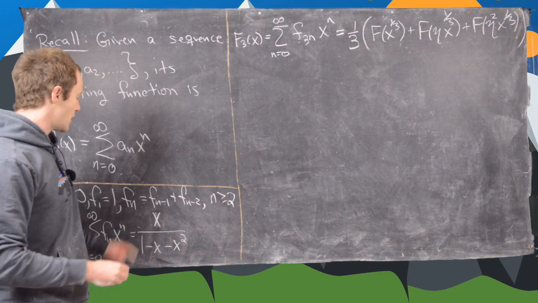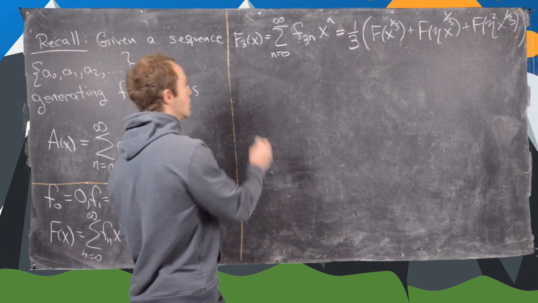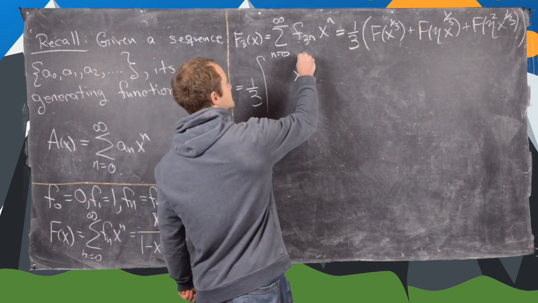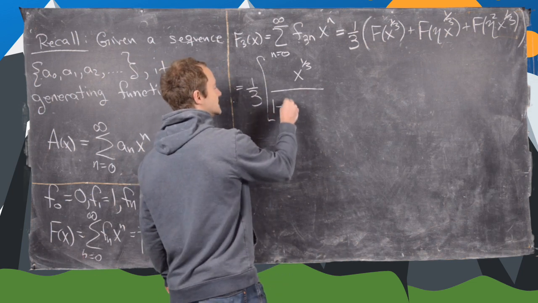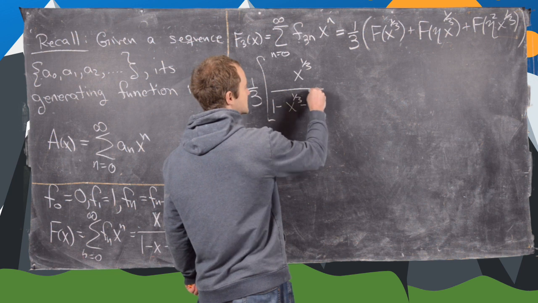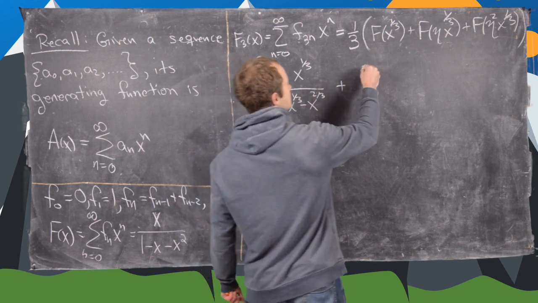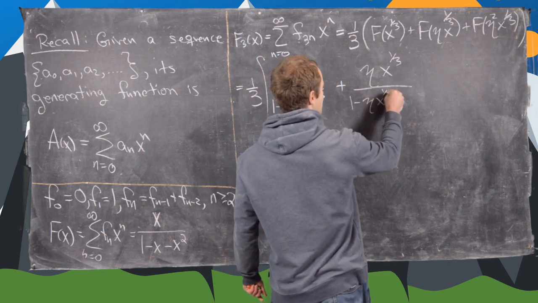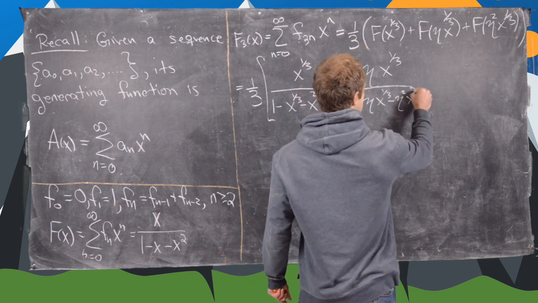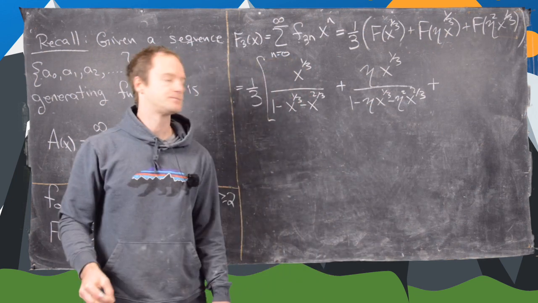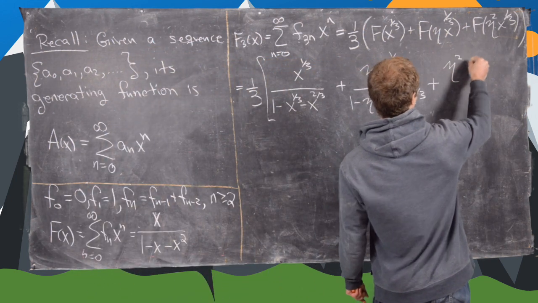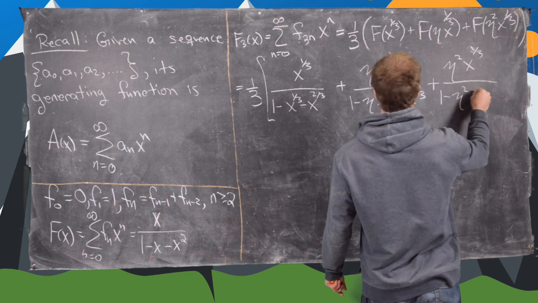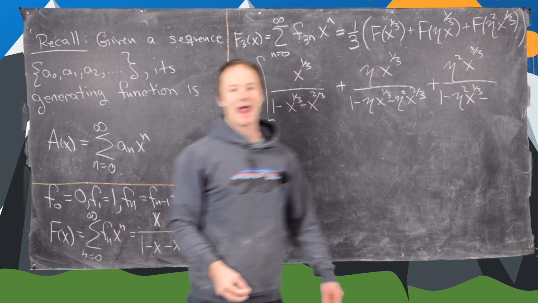Okay, good. So now composing that into the generating function, which is known, we get that this is 1/3 times the quantity x to the third over 1 minus x to the third minus x to the 2/3, plus eta x to the third over 1 minus eta x to the third minus eta squared x to the 2/3, plus eta squared x to the third over 1 minus eta squared x to the third minus eta to the 4th power.